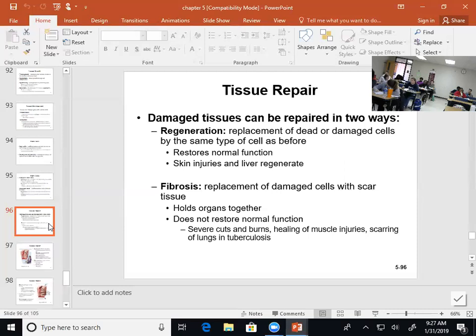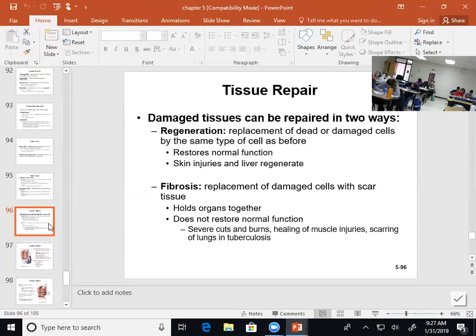But I want you to know 2 words, and they are regeneration and fibrosis. What does regeneration suggest to you? It can repair. And when regeneration happens, it can repair and you can potentially get back full function. So that's what we like to hear, right?